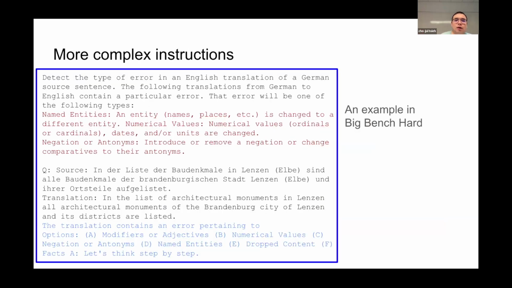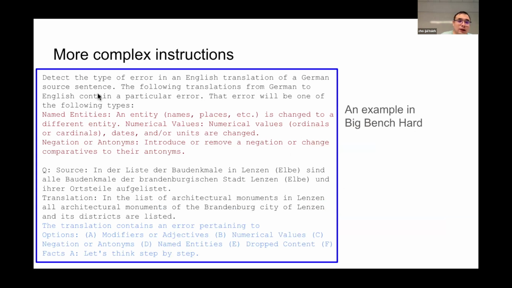And there are more complex instructions like this. The amazing part is the LLM is actually able to understand complex instructions and even very long instructions. This is an example from Big Bench Hard, which is a collection of tasks, and hard means it's one of the harder ones selected by people.